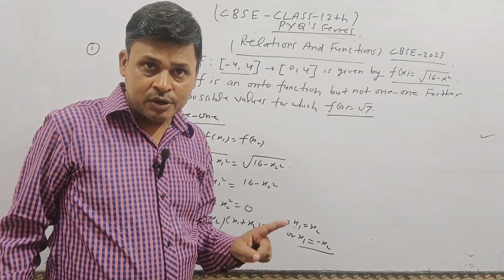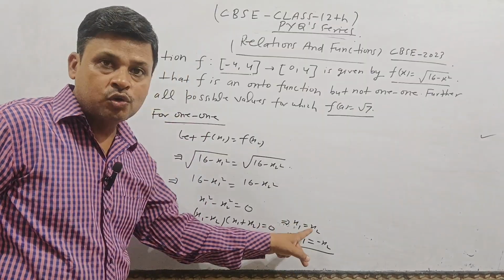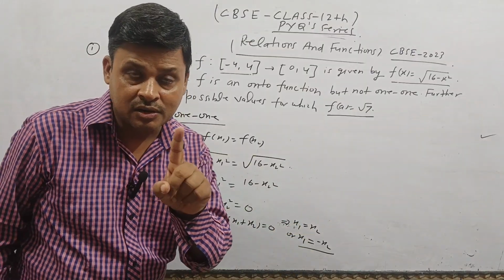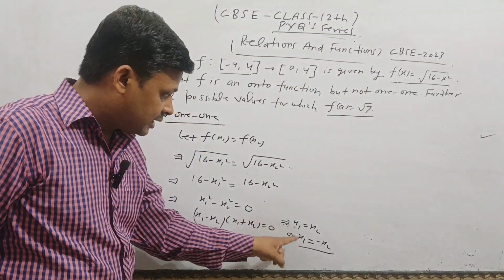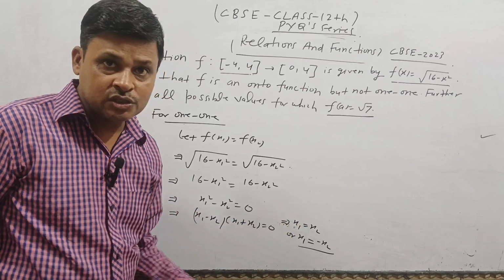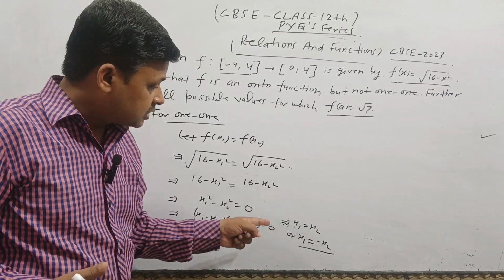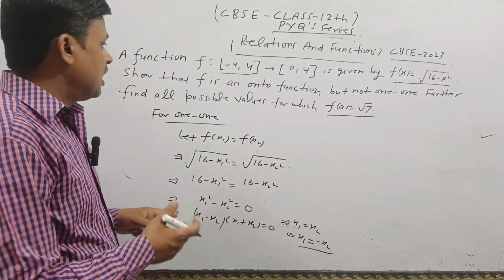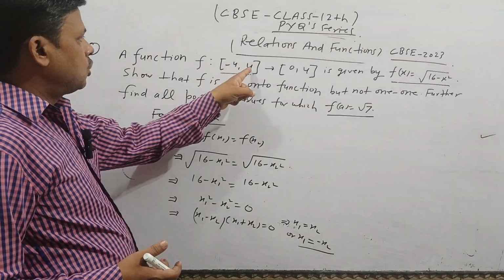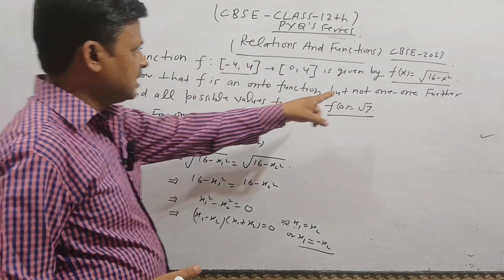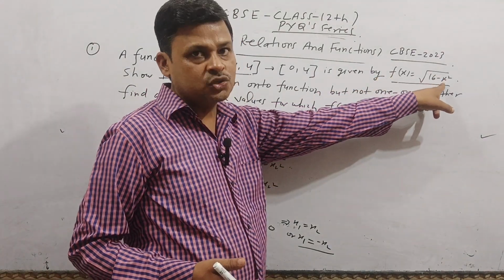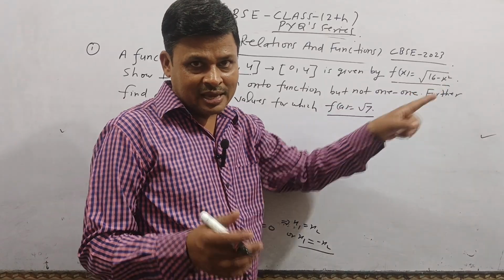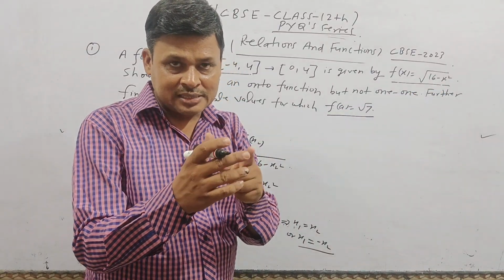We are not able to prove that x1 is equal to x2 is the only condition. So here are two conditions, that either x1 is equal to x2 or x1 is equal to minus x2. It means if we take any negative elements here, as in the definition of the function there is a square term, the images of the elements will be the same.